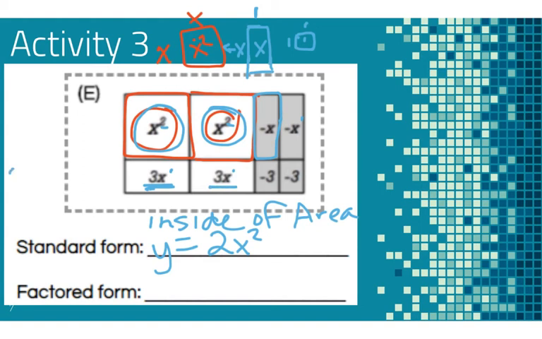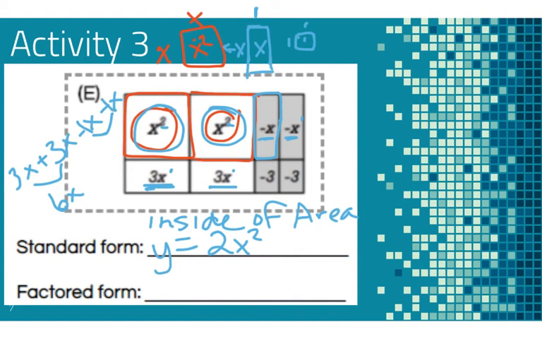Let me do this over here. 3x plus 3x, and then minus x, minus x, and then minus another x. All right, so 3 plus 3 is 6x, and a negative x minus x, remember those invisible ones?